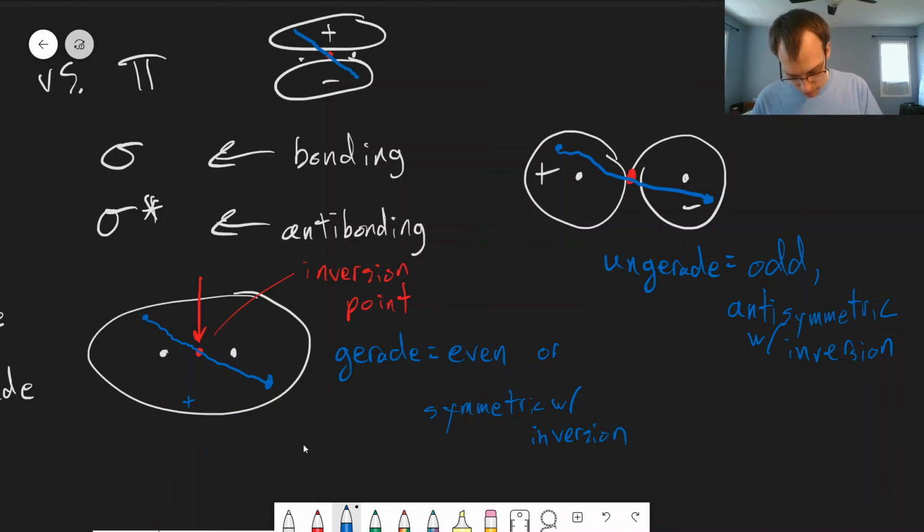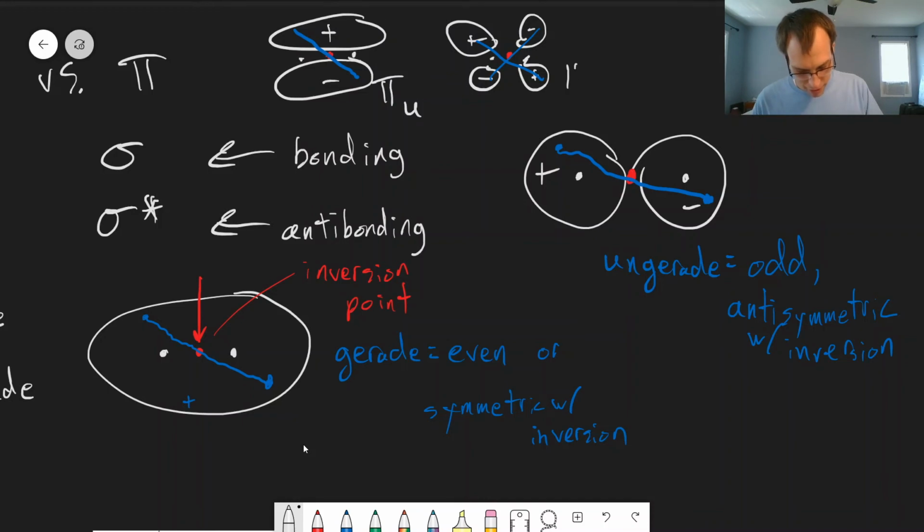So a pi bonding orbital is actually ungerade. And we can do the same thing for a pi antibonding orbital. This is a very quick sketch, but you can kind of see that we'll always go from positive to negative if we go through the inversion point. So a pi antibonding orbital is actually gerade.